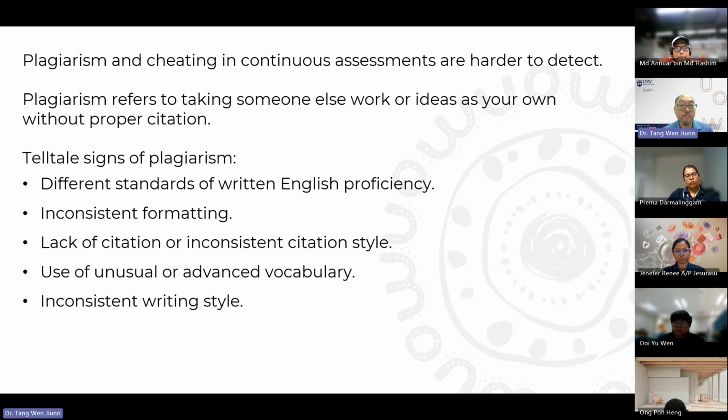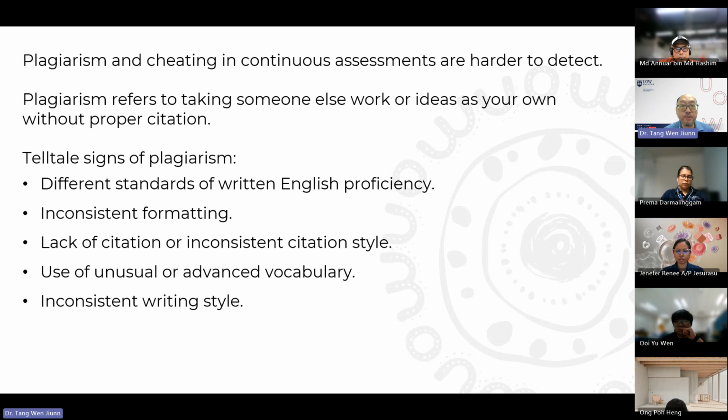We couple that with inconsistency in the formatting. Sometimes the way of writing is like this, and suddenly it becomes like that. There's no consistency there. And then lack of citations for facts. Unusual or advanced vocabulary, right?